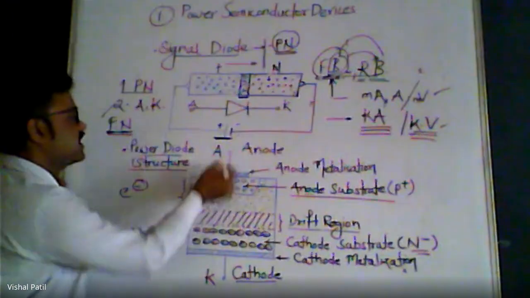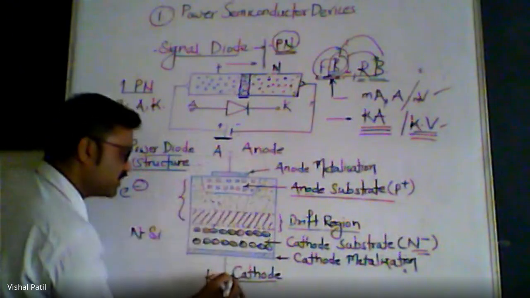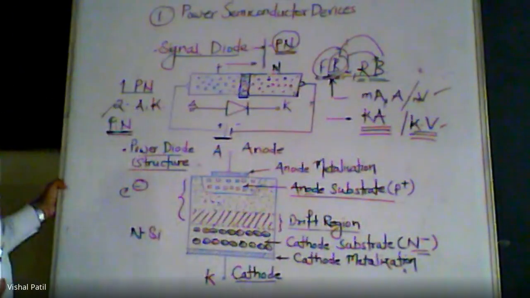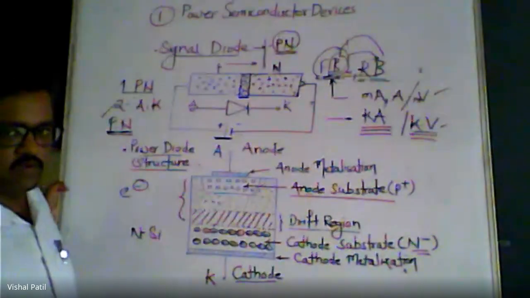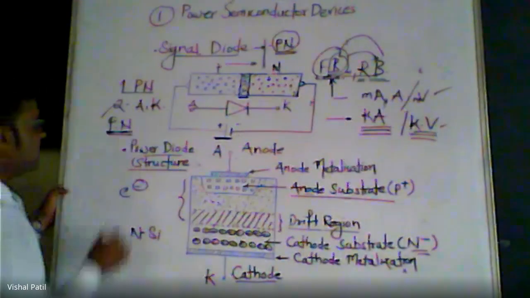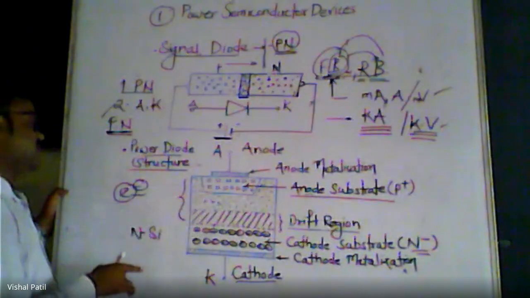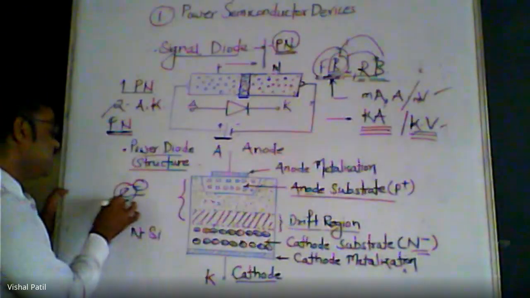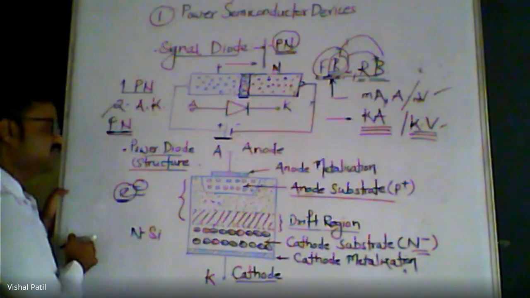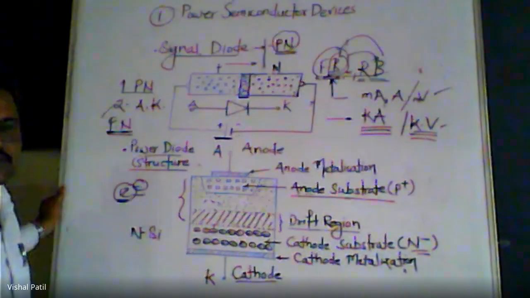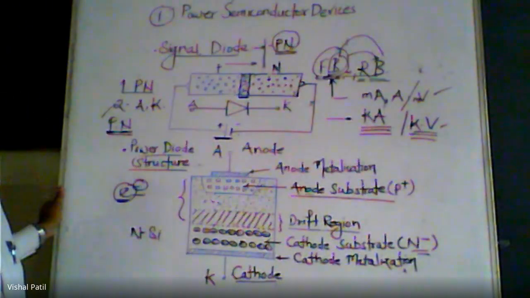So the expected current must be from anode to cathode because it is opposite to the electron current. This is how the mobility of the electron takes part in current conduction. In fact, the mobility of the electron is the reason why the devices are in conduction.